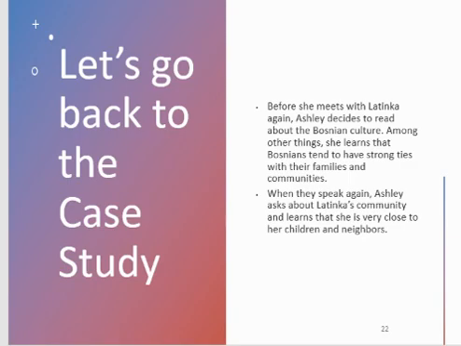So, among other things, she learns that Bosnians tend to have strong ties with their families and their community. And when they speak again, Ashley asks more questions about that community and learns she's very close to her children and neighbors. So, how can we use this information to help tailor our plan for Latinka?